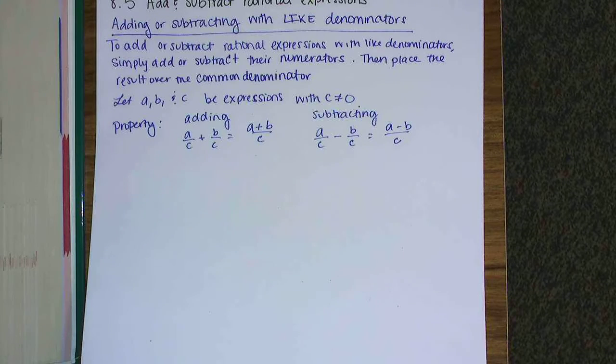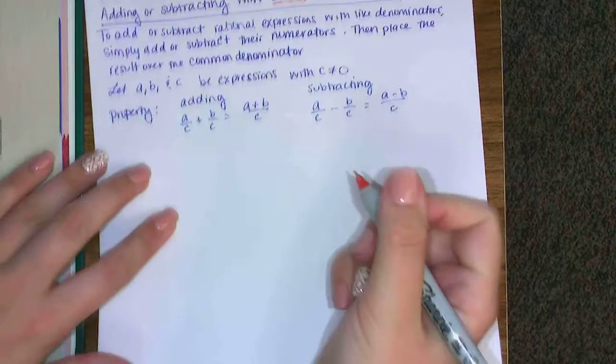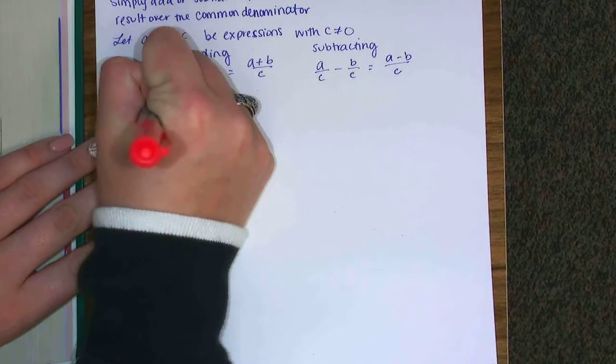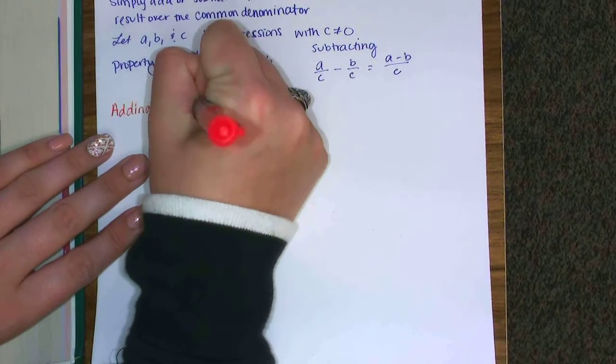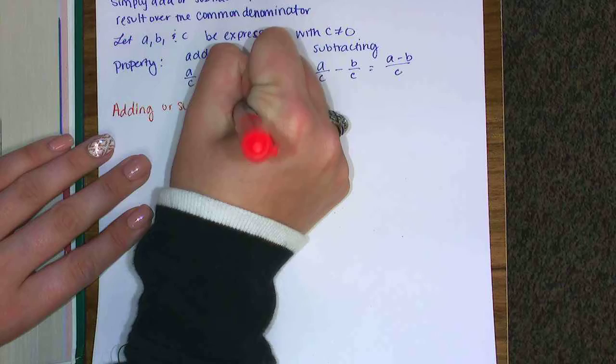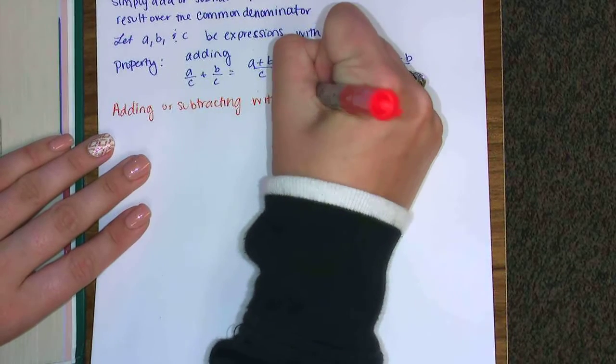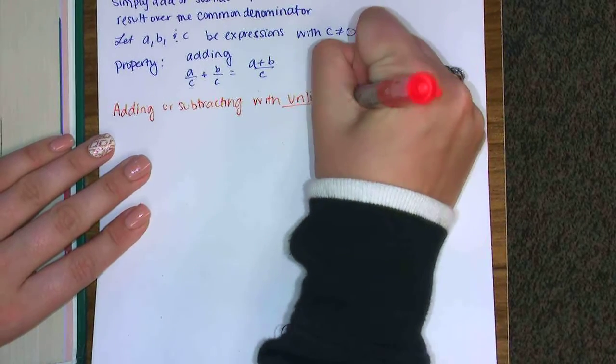And then, like I said, we do have this property as well for unlike denominators. So that was for like denominators. Now let's look at unlike. So adding or subtracting with unlike denominators.